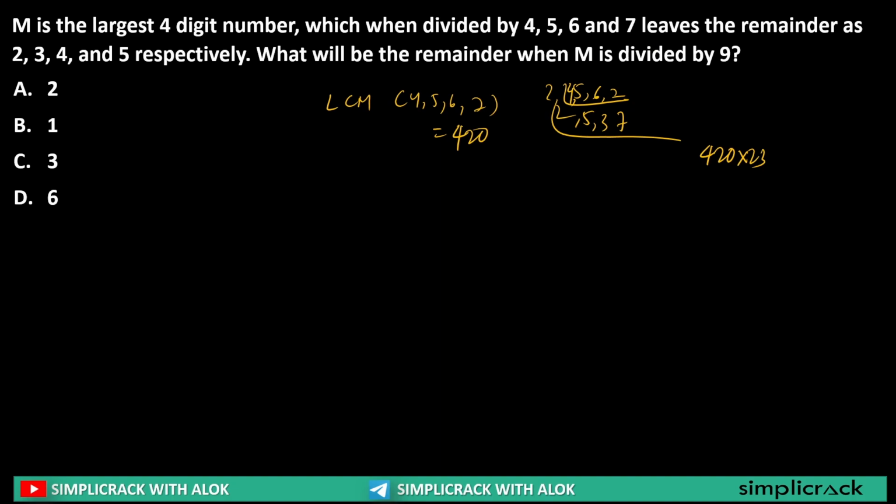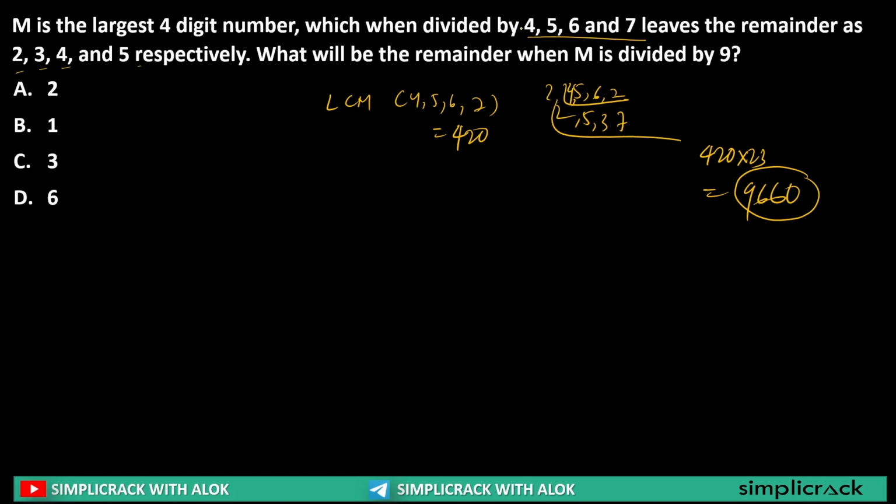Now, what is this number? 420 into 23 is 9660. So 9660 is the number which is divisible by all these numbers. Now, this number should leave a remainder of 2, 3, 4, 5 respectively.